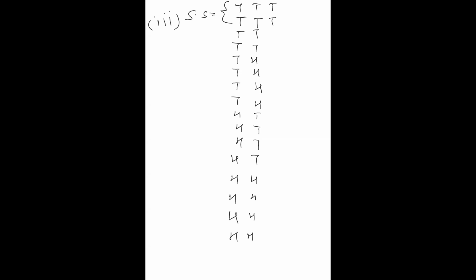Then 2 times t, 2 times h. Then 1 time t, 1 time h. This is the sample space for 4 tosses of a coin.